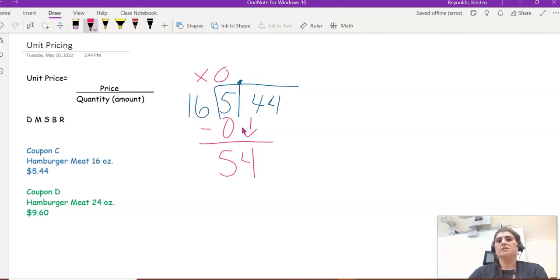So to the side, just to help me out, I'm going to create a little table: 16 times 1 is 16.